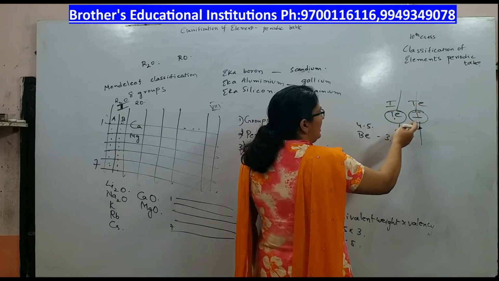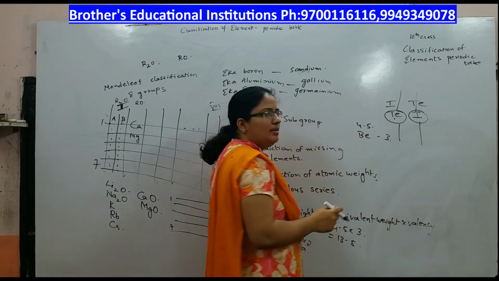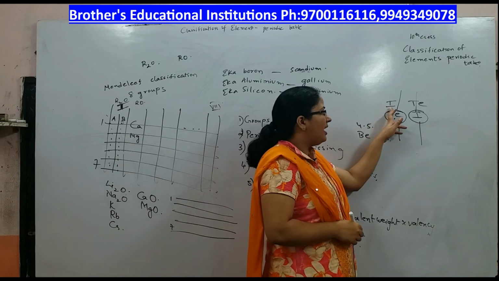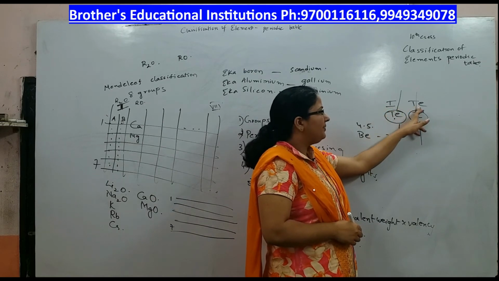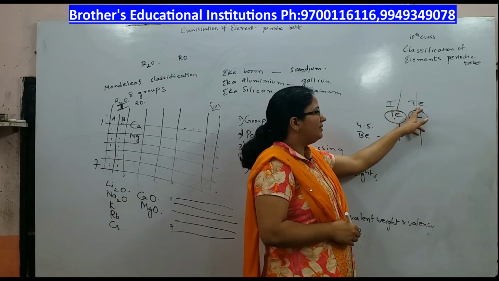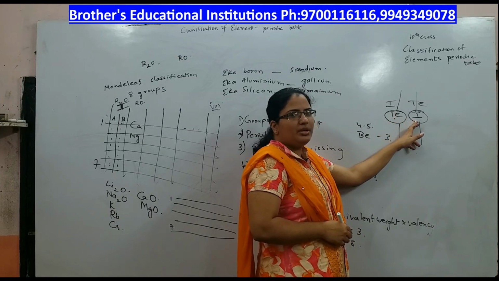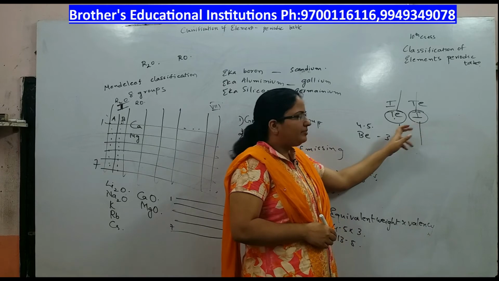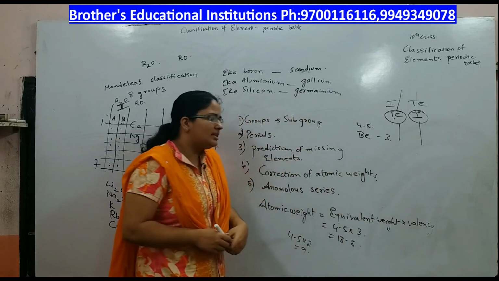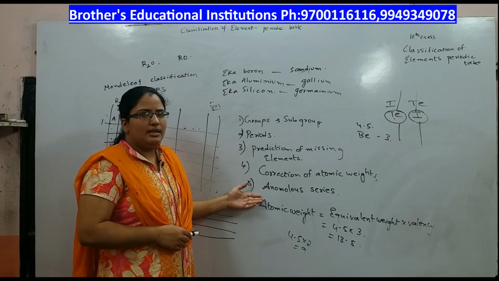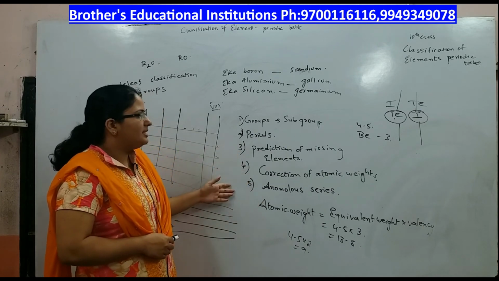So he did an inversion of the elements, which is called an anomalous pair. This is the anomalous series.